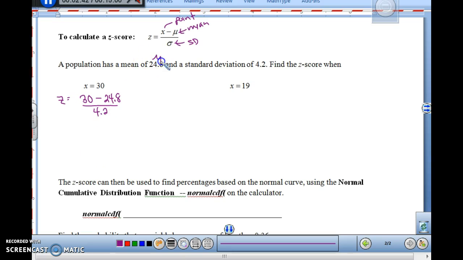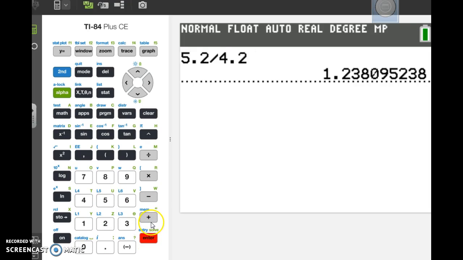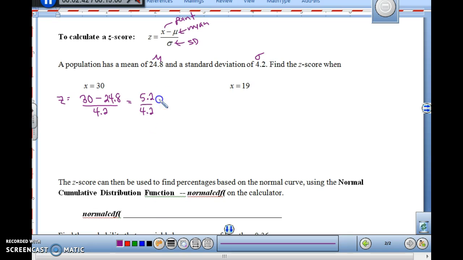This is mu, and this is the standard deviation. So 30 minus 24.8 is 5.2 over 4.2. If I divide that out, I get about 1.24. So the z-score is going to be 1.24.